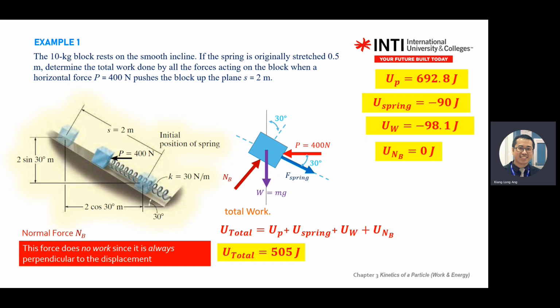In chapter 2, what do you learn? Chapter 2, F equal ma. And you know that force can give you acceleration. You learn in chapter 1, what is acceleration? Acceleration is the time differential of your velocity.